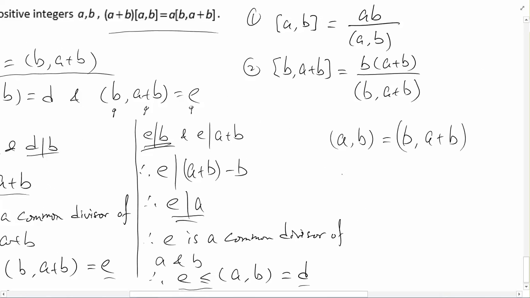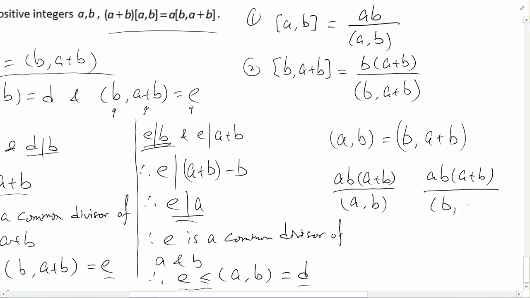And therefore ab times a plus b, these two numbers divide on the one hand b times a plus b by the greatest common divisor of b and a plus b.